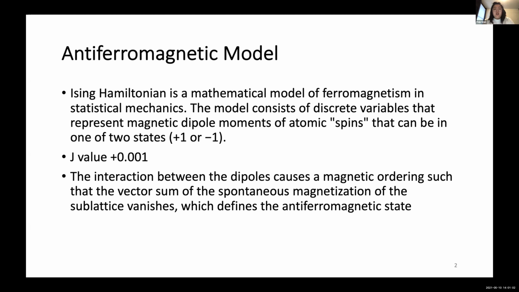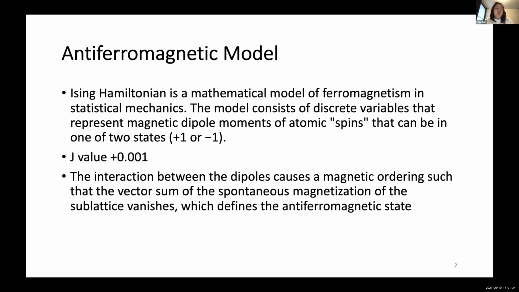So the Ising model is a mathematical model of ferromagnetism in statistical mechanics. The model consists of discrete variables that represent magnetic dipole moments of atomic spins that can be in one of two states, +1 or -1.